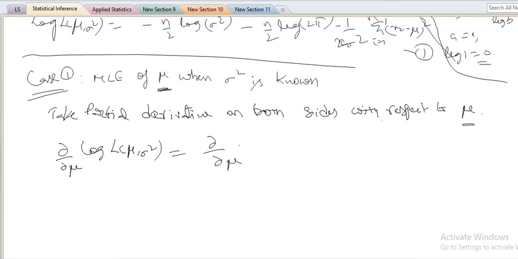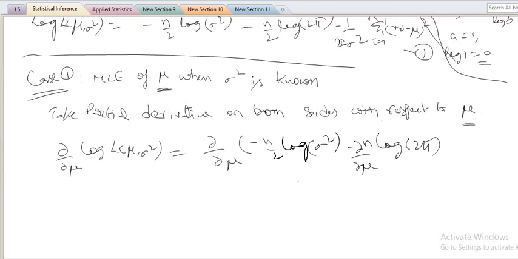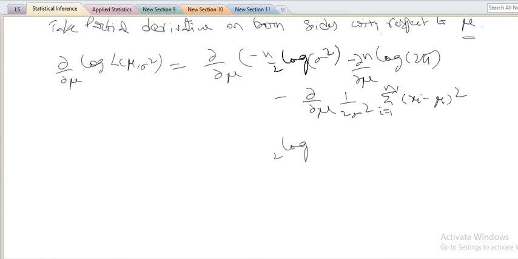So dou by dou mu of minus n by 2 log of sigma square, minus dou by dou mu of n by 2 log of 2 pi, minus dou by dou mu of 1 by 2 sigma square summation i equals 1 to n of (xi minus mu) whole square.